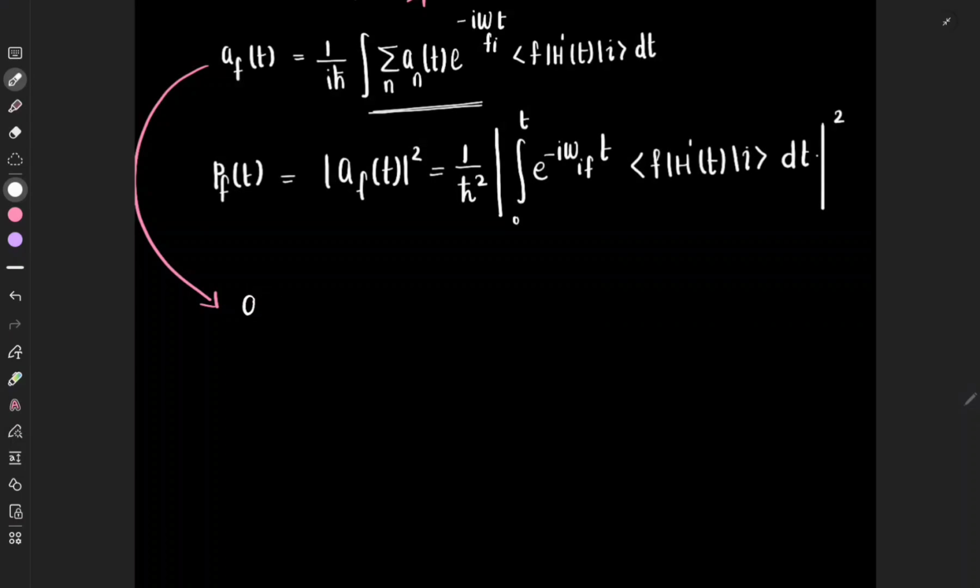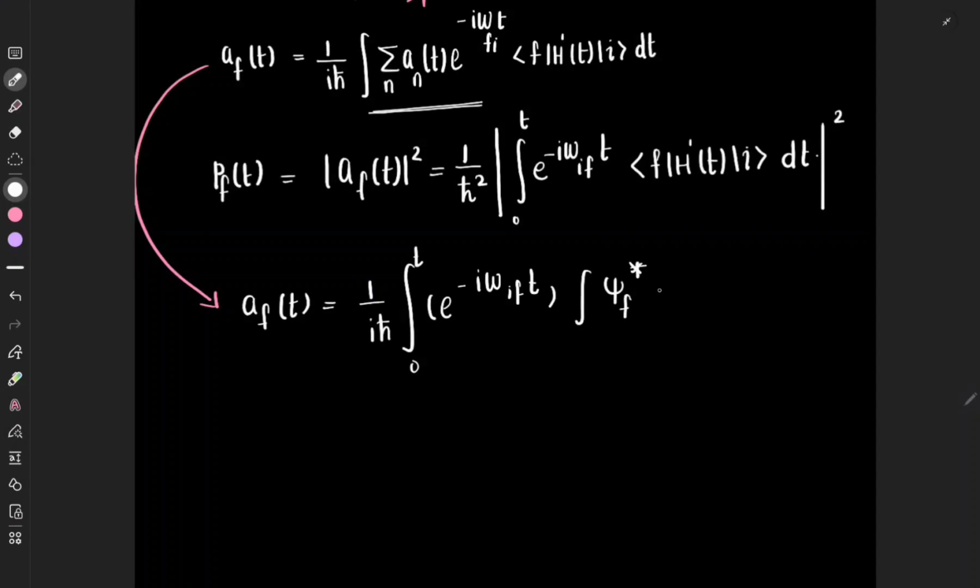I can write it as a_f of t is equal to 1 by iħ integral 0 to t e raised to minus i omega fi t, and the bra-ket can be written in integral notation like this: integral psi f star H dash of t psi i d tau, and then there's a dt.